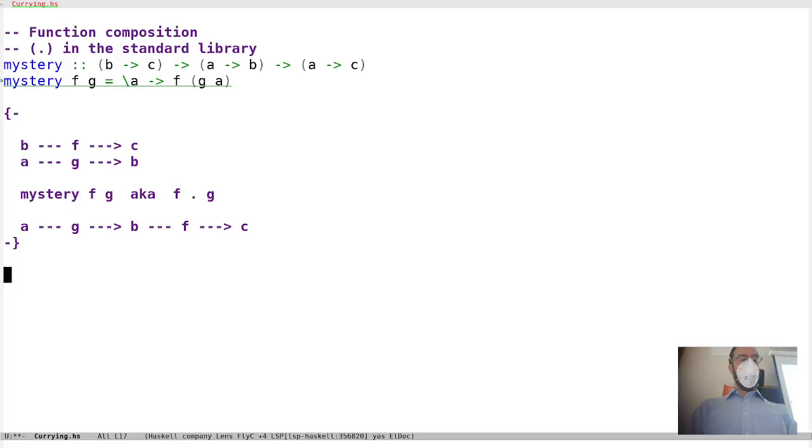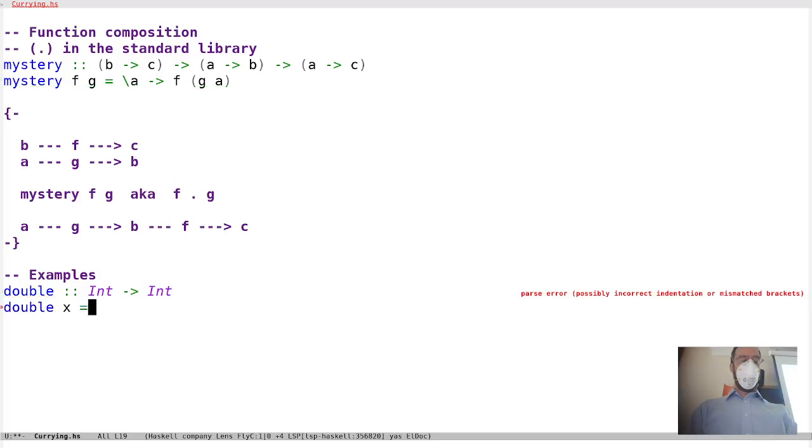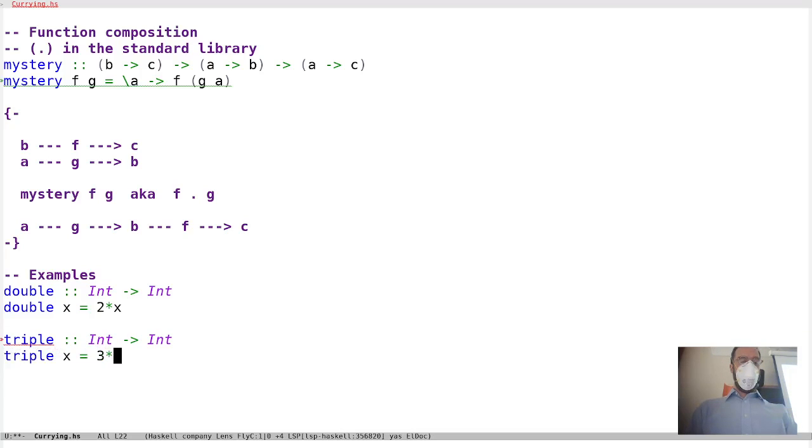So I don't know, a few examples of using this. Let's make a few functions. Like double x is 2 times x. Or let's say, we also have length.